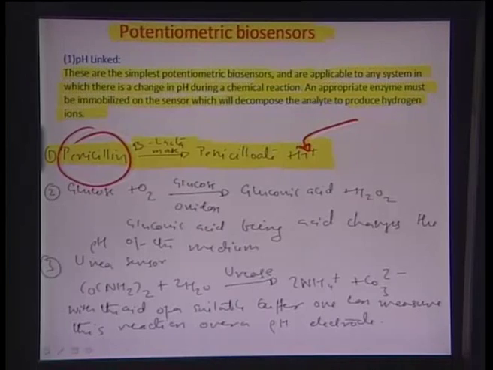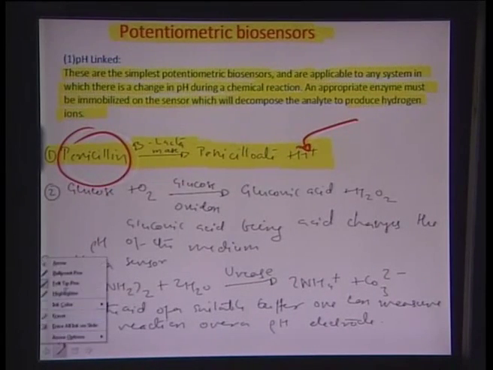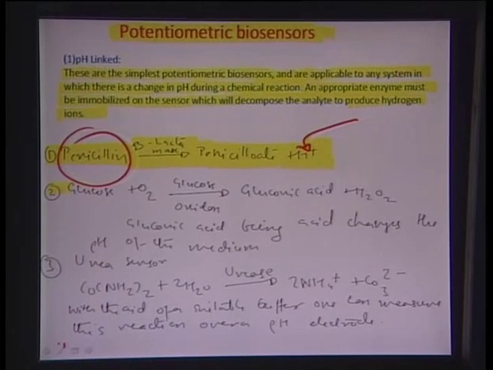So the way you detect glucose is very simple. Again, you try to oxidize the glucose by another enzyme called glucose oxidase. If you see equation number 2 here, it talks about how glucose has been broken down. So glucose, in the presence of oxygen and in the presence of this catalyst glucose oxidase, an enzyme, would convert into gluconic acid and H2O2, okay.